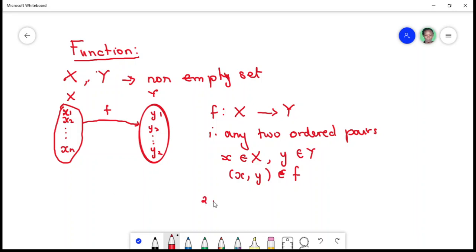Then two, let's say my x and y is in f, and I have x and z also in my f, then I can say that my y is equal to z.